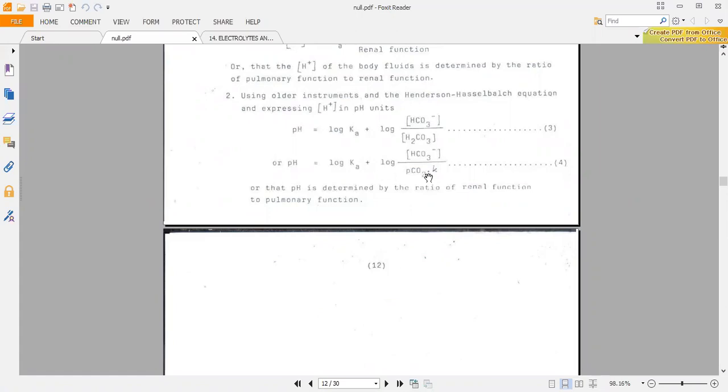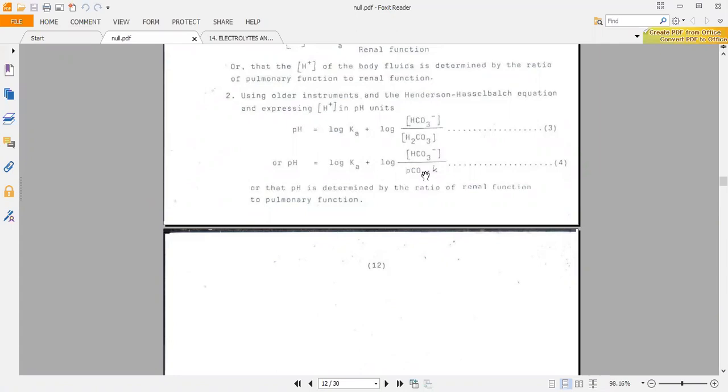Okay, if something happens to this HCO3 minus, then it gives rise to the metabolic one. So the metabolic ones affect the HCO3 parts, and then the respiratory ones affect the partial pressure of carbon dioxide. Okay, and it makes sense. So the respiratory ones are going to affect the partial pressure of carbon dioxide.